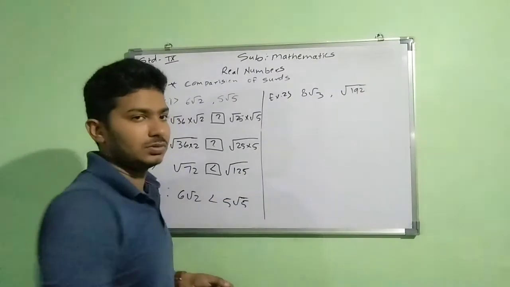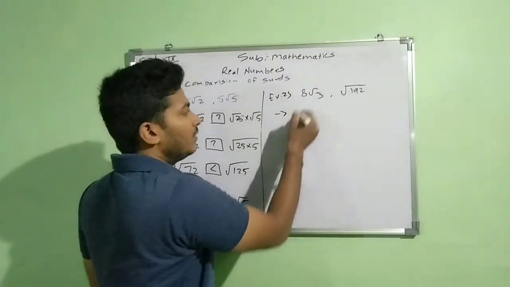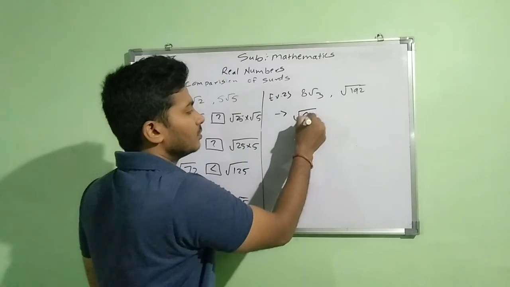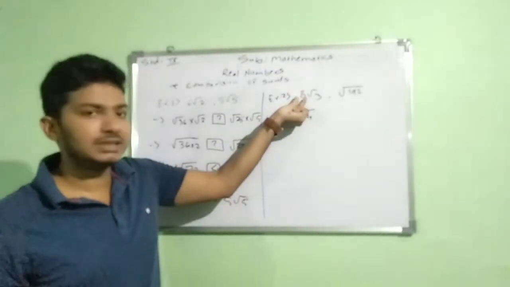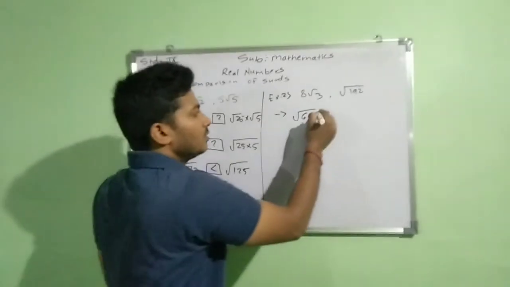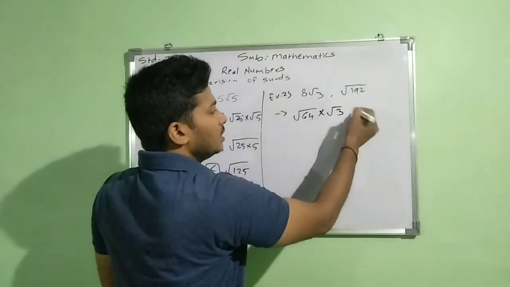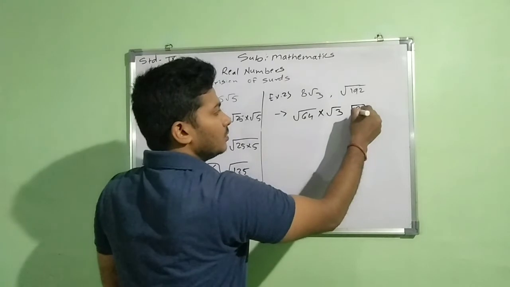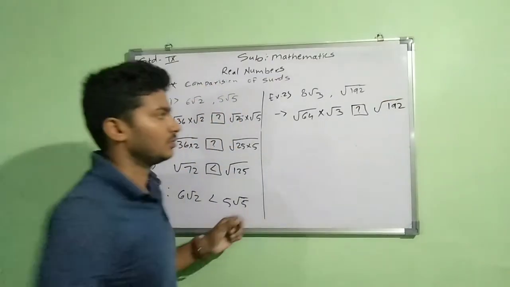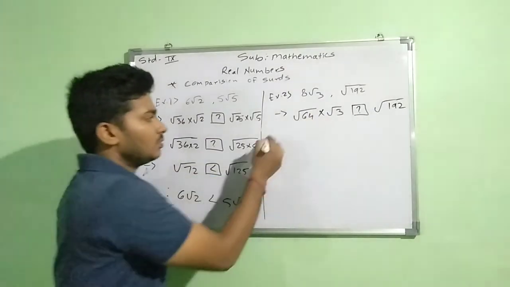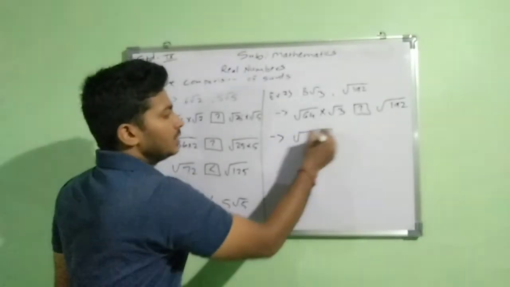Similarly, example 2. Here 8 we can write as under root of 64, because we know 8 into 8 is 64. Square root of 64 is 8 only. So square root of 64 multiplication square root of 3, and 192 as it is.